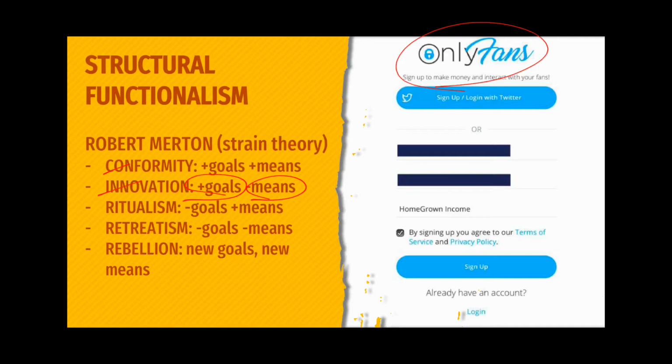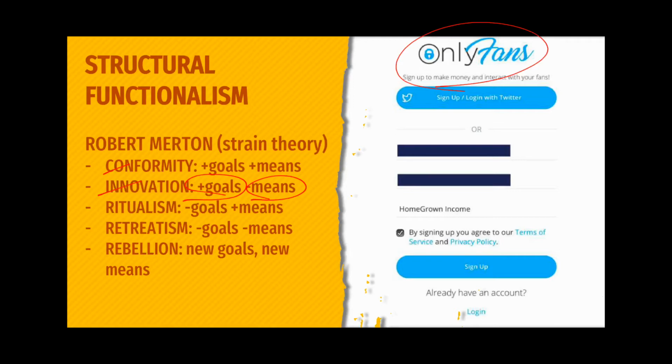Usually the services provided by the accounts on this site are sexual in nature, so it's either pornographic, etc. And especially during this pandemic, a lot of means to get financial stability have been cut off because of unemployment, and a lot of businesses have been closed or stopped temporarily.